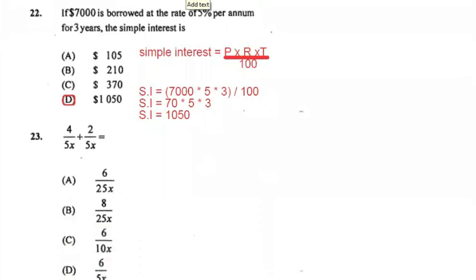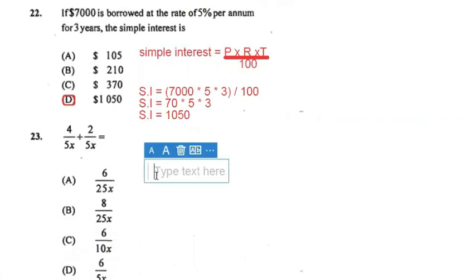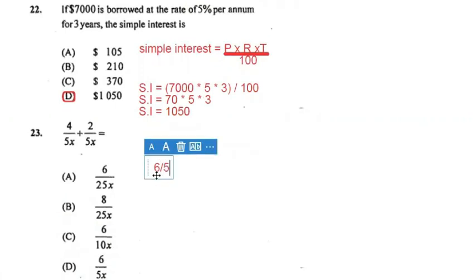23, 4 upon 5x plus 2 upon 5x. So remember, with addition or subtraction of fractions, once the denominators are the same, you can just go ahead and add with the denominator remaining the same in the answer. So in this case, it will be 4 plus 2 to give us 6 upon 5x. So our denominator will remain the same.